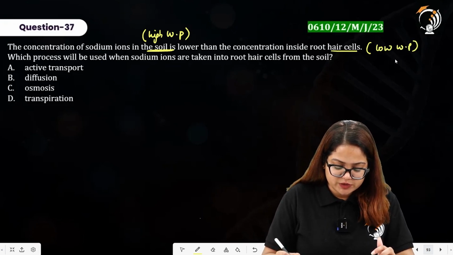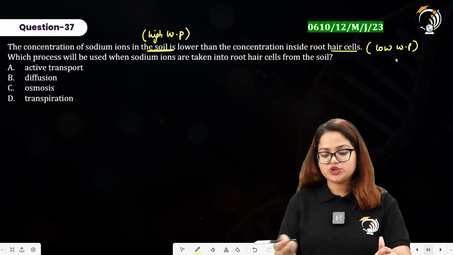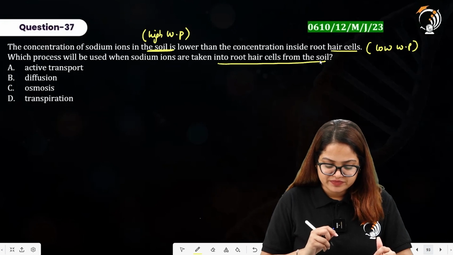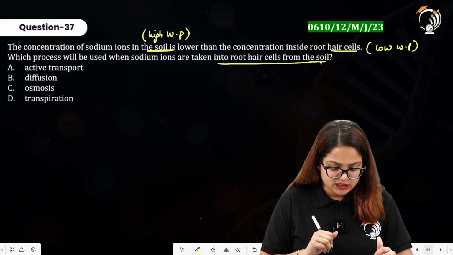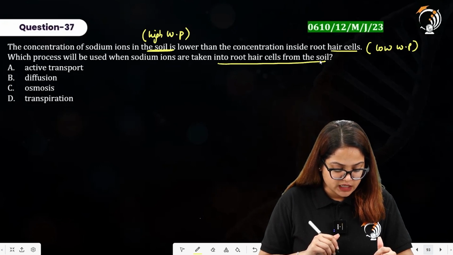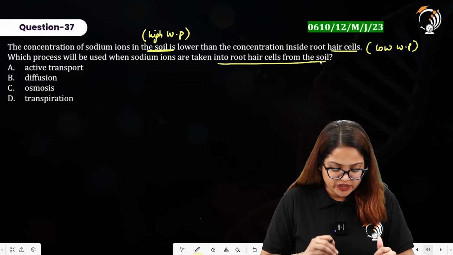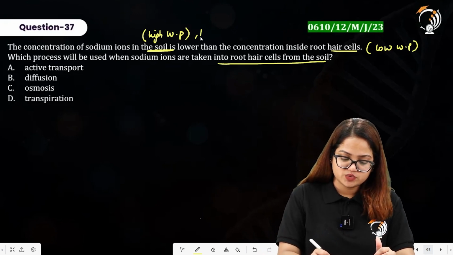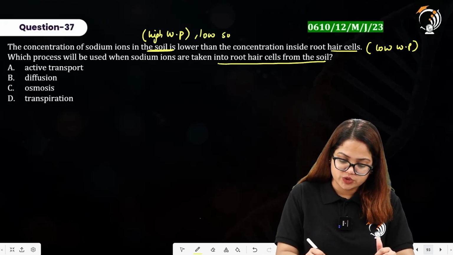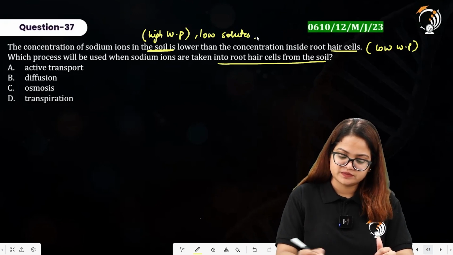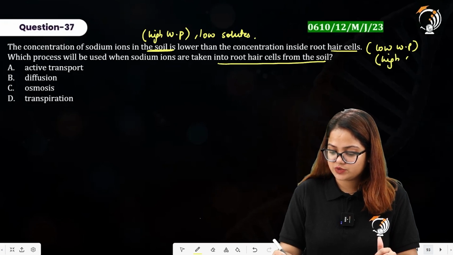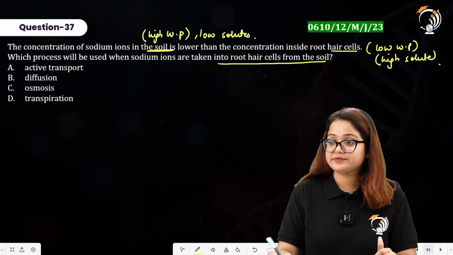Which process will be used when sodium ions are taken into the root hair cell from the soil? The concentration of sodium ions in the soil is lower. So, low solutes in soil and it has high solutes in root hair cell.